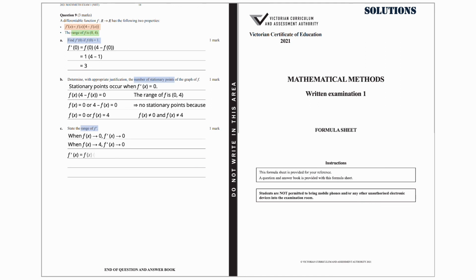We can expand the brackets and we obtain a quadratic, 4f of x minus f of x all squared. This quadratic has a turning point when f of x equals 2 and f dash of x equals 4. So the maximum value of f dash of x is 4. Therefore, the range of f dash of x is 0 to 4, 0 open end, 4 closed end.